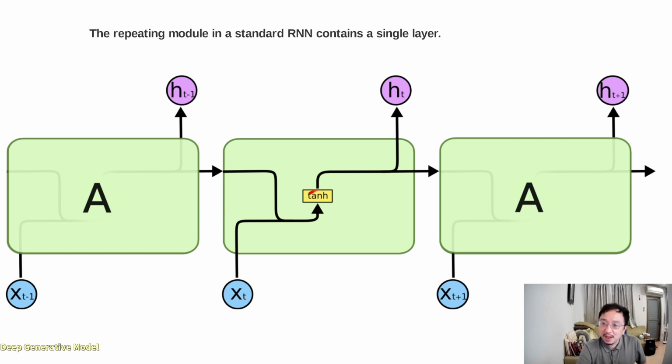Okay, so what about the hyperbolic tangent, or we just simply call it tanh? The hyperbolic tangent is pretty much the same as the sigmoid function. The only difference is that it is from -1 to 1. It's still kind of like a step function, but unlike the sigmoid function, which is from 0 to 1, hyperbolic tangent is from -1 to 1.